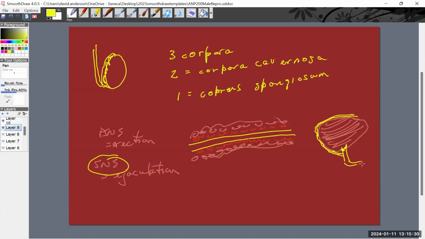Okay, and the urethra is able to stay open because of this relationship between the corpus spongiosum and the corpora cavernosa. And this is an example where the parasympathetic nervous system and the sympathetic nervous system work together for the sexual response, rather than being antagonistic, as we've seen, for example, in heart rate, where parasympathetic slows and sympathetic increases heart rate, that type of thing.